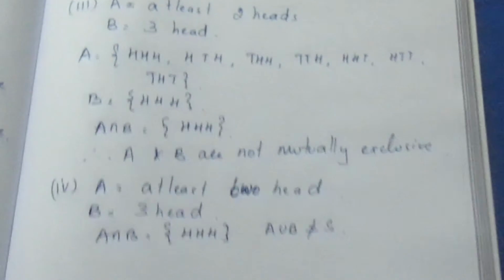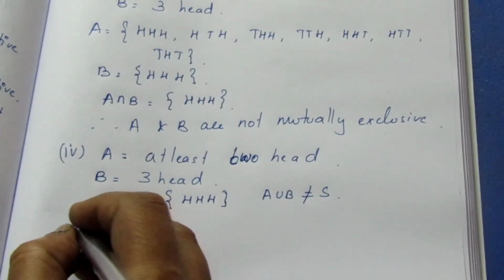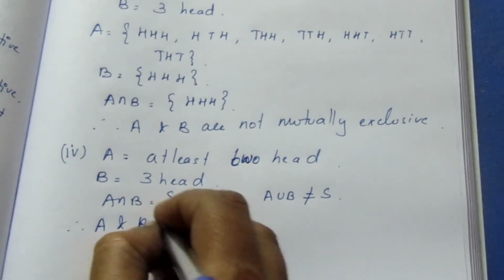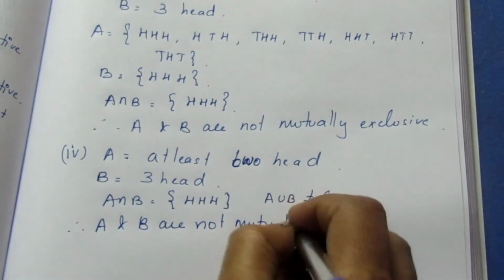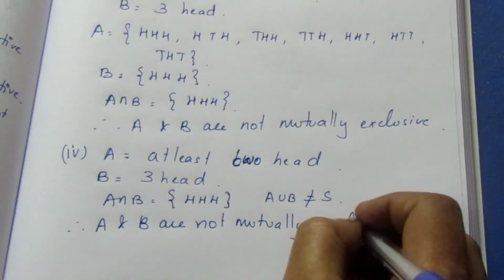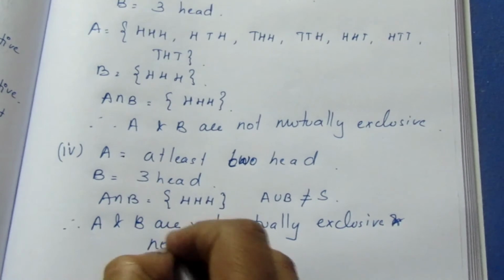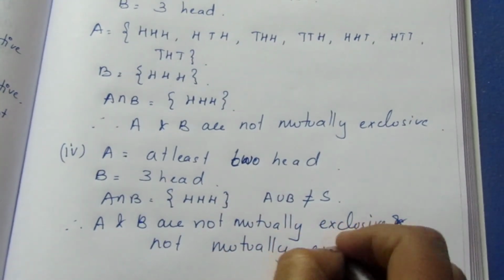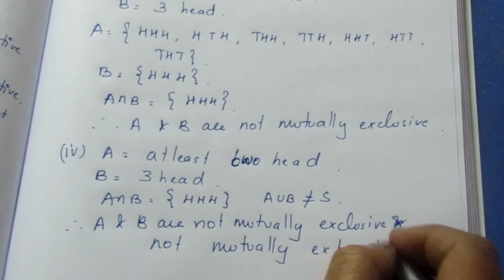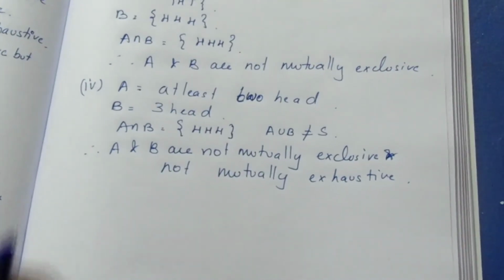Therefore, A and B are not mutually exclusive and also not exhaustive. So we have completed the fourth subdivision. We'll move on to the fifth one.